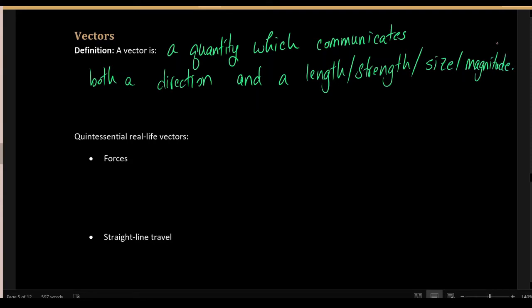For a familiar example, let's go over to real life. One of the quintessential examples of a real-life vector is a force. A force is a quantity that both has a direction and, in this case, it has a strength.